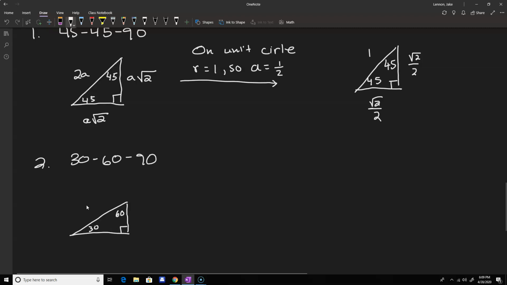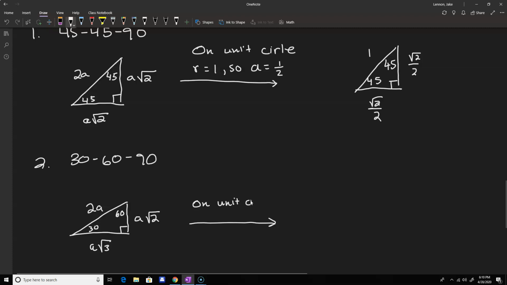So the relationship between the sides, the hypotenuse should be 2a. The long side that 60 opens to is a radical 3, and the one that 30 opens to is a. So again, on the unit circle, we have the same deal. R is equal to 1, so a has to be 1/2.